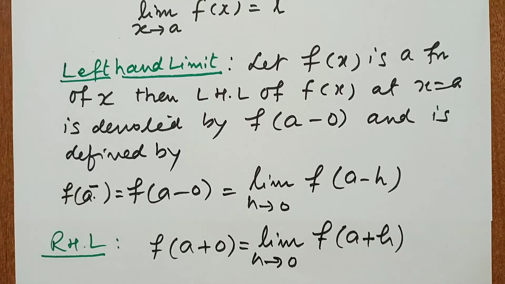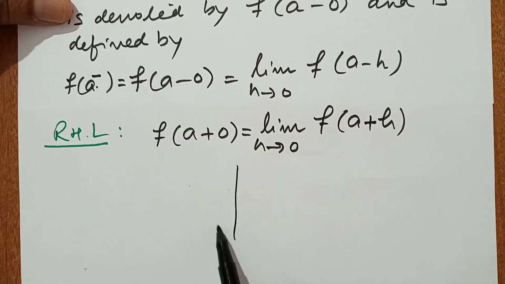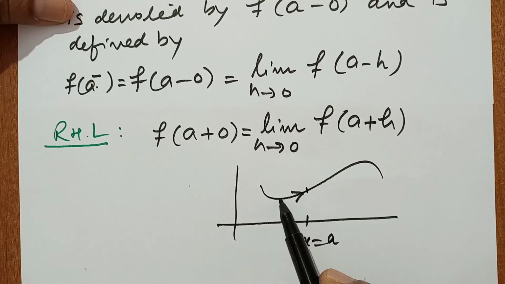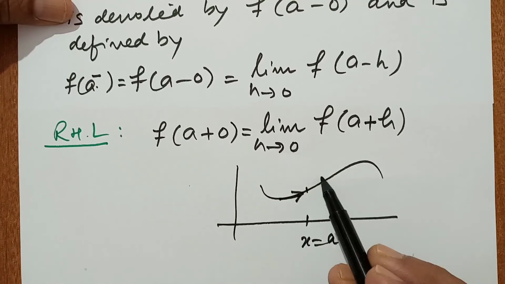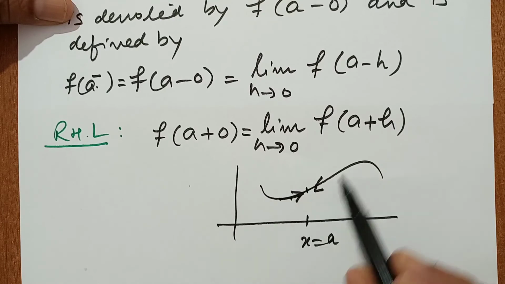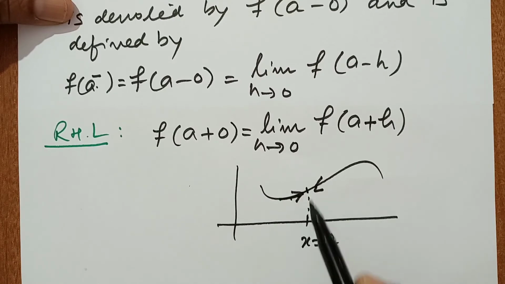Suppose this is a function and this is x is equal to a. When x approaches a from this side it is the left hand limit, and from this side it is the right hand limit. We can calculate the left hand limit, right hand limit and function value.